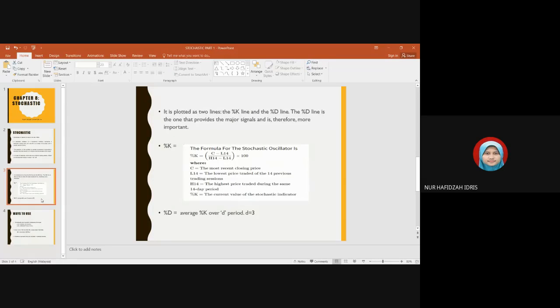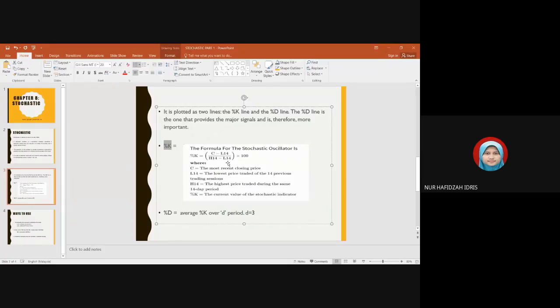Okay. So for the stochastic, it is plot in the two line. Okay. Dalam ni kita kata two line, which is the percentage of K and percentage of D. Okay, where the percentage of K, this is what we call as the stochastic. Okay, so stochastic represent by the percentage of K. So how to get the percentage of K?